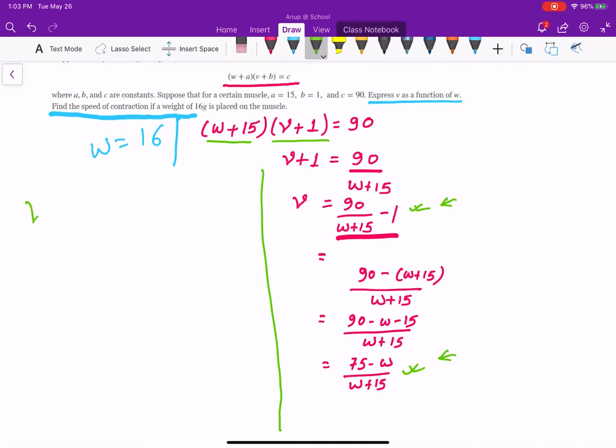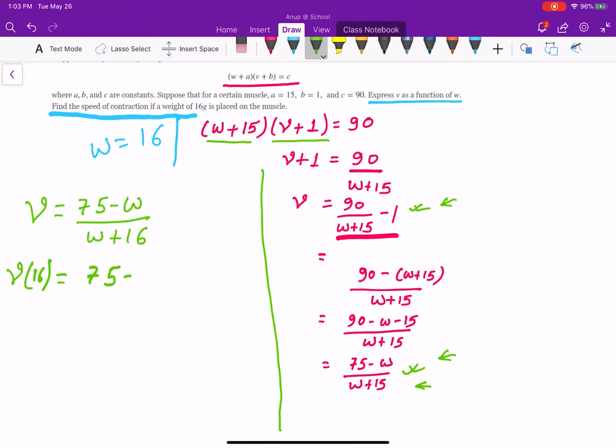So V is equal to, if you use the expression 75 minus W over W plus 15 that we figured out over here, then we need to figure out the speed of contraction when W is 16, that means evaluate the function V at 16.